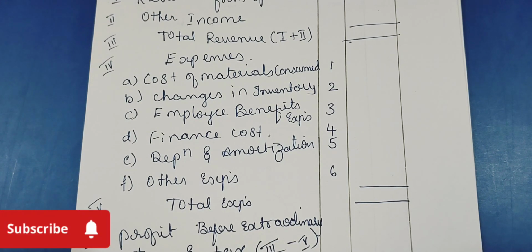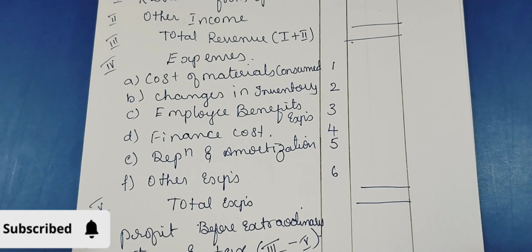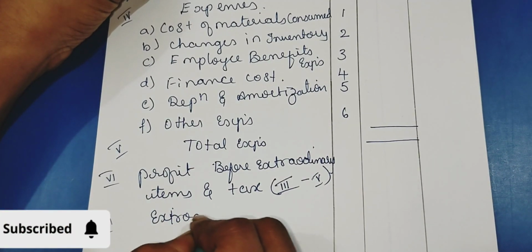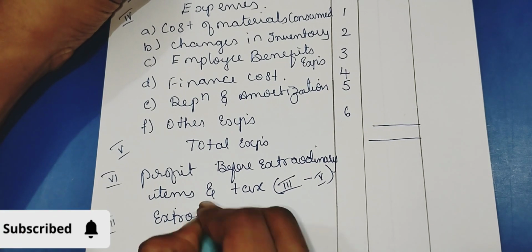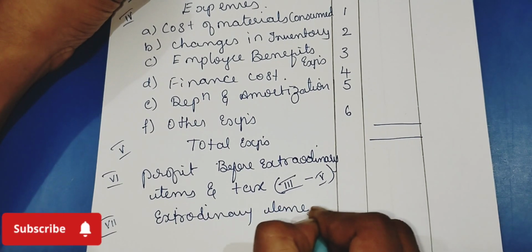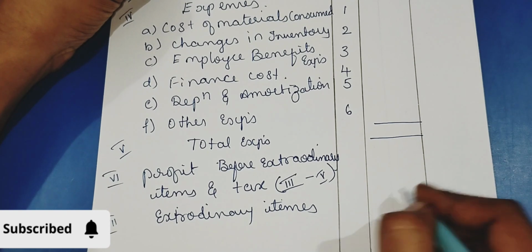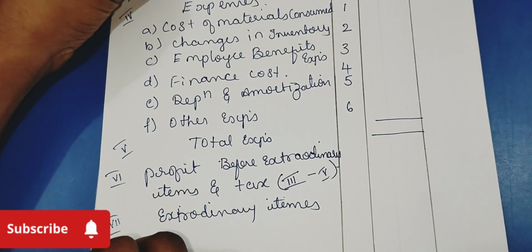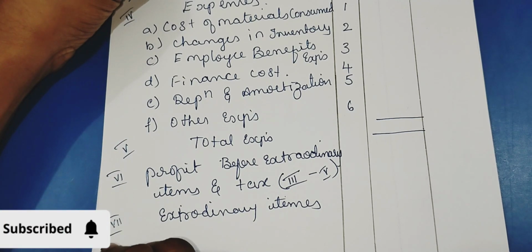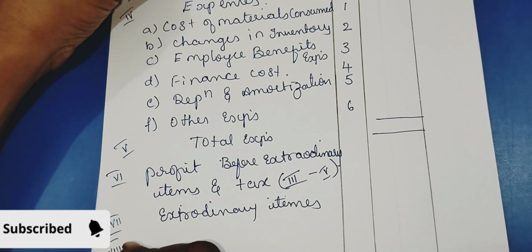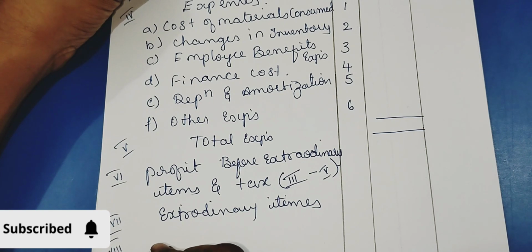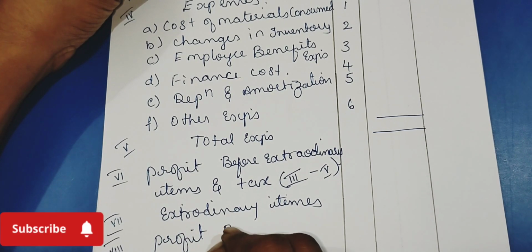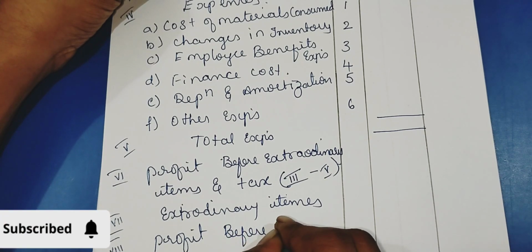If we have any extraordinary items, then we consider that also. Extraordinary items we are considering. After deducting, we will get profit before tax.